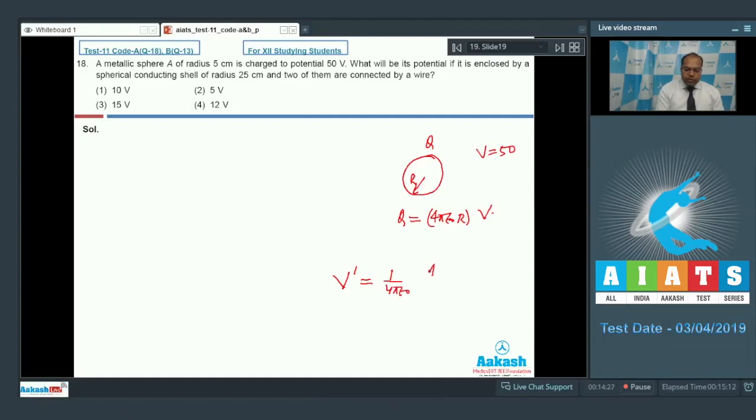The value of Q is 4 pi epsilon naught R into V, and the radius of the outer shell is 5R. So it comes out to be V by 5, and the value of V is 50, so it comes out to be 10 volt. So option 1 is the correct answer. Let's move to question number 19.